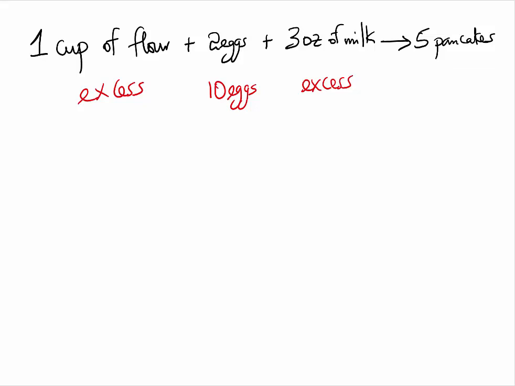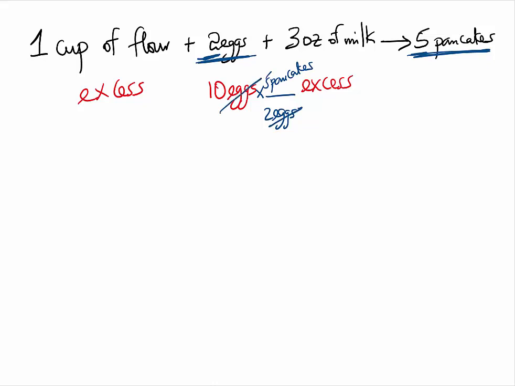You should be able to quickly estimate this, but let us do it systematically. Since 2 eggs will normally give us 5 pancakes, then if we have 10 eggs, we can use the relationship between the number of eggs and the number of pancakes as a conversion factor, which means we can multiply this by 2 eggs will normally give us 5 pancakes.